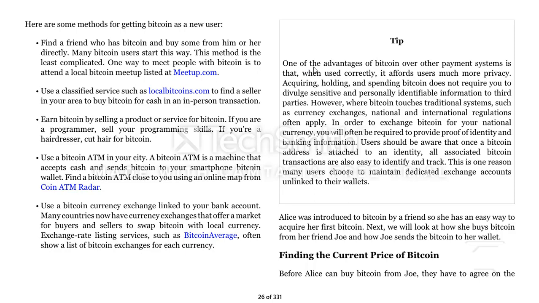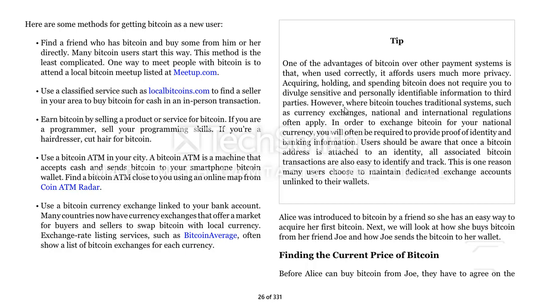Tip: one of the advantages of Bitcoin over other payment systems is that, when used correctly, it affords users much more privacy. Acquiring, holding, and spending Bitcoin does not require you to divulge sensitive and personally identifiable information to third parties. However, where Bitcoin touches traditional systems, such as currency exchanges, national and international regulations often apply.